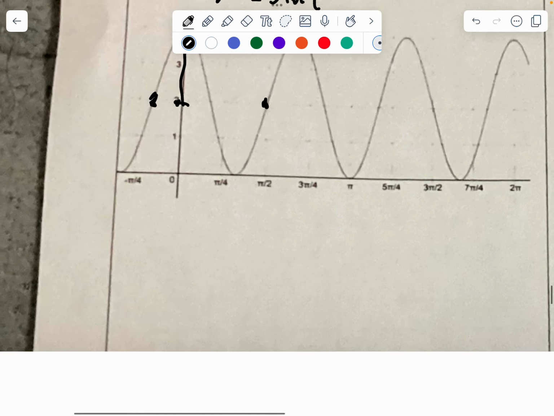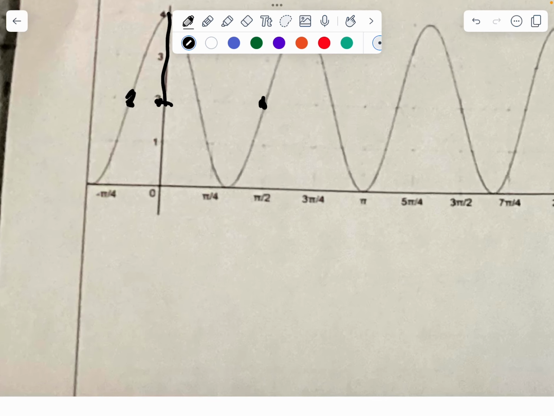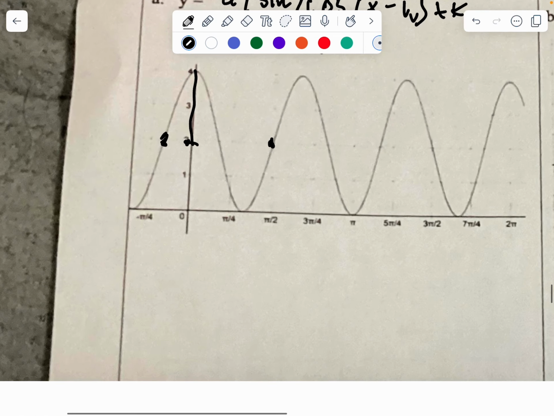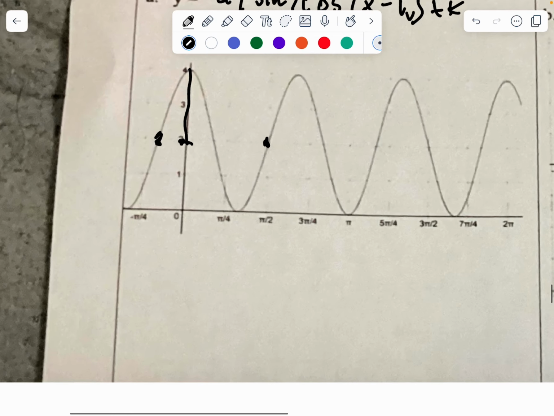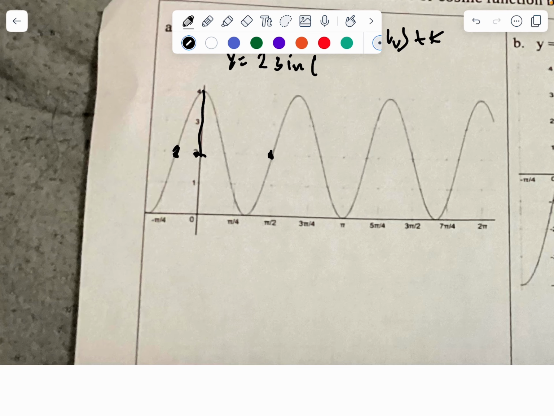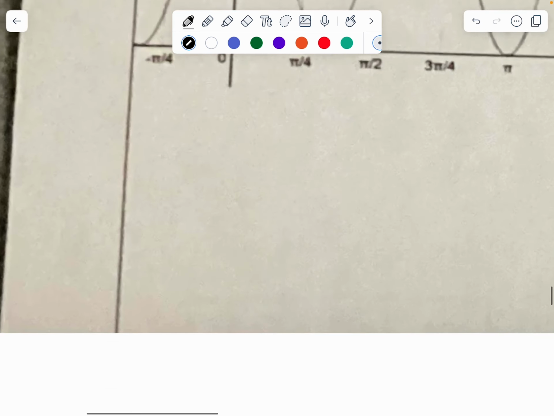That's brutal. We're going to say it's 2 pi over 3. Okay, 2 pi over 3. Yeah, that's what we're going to say.